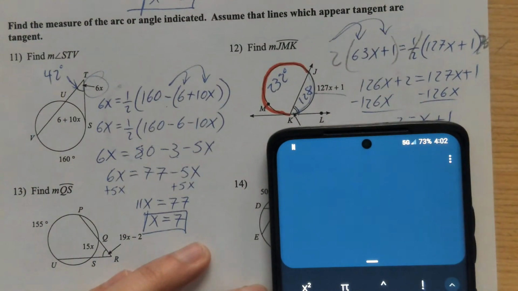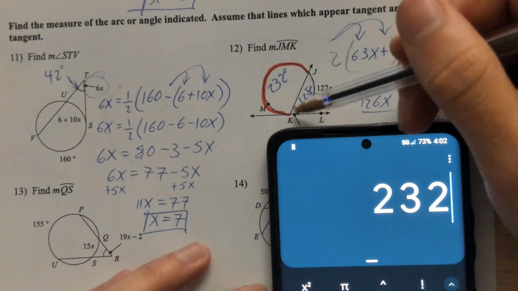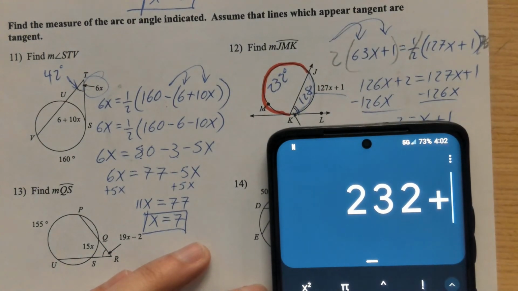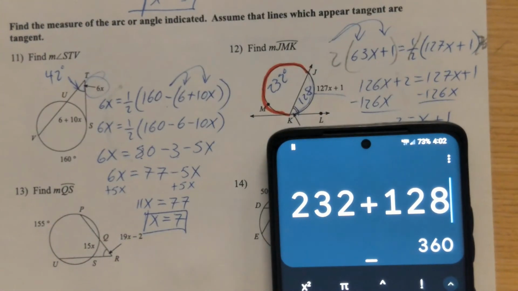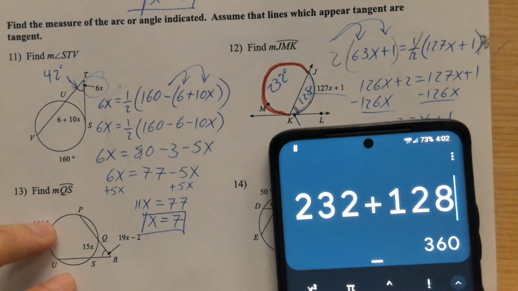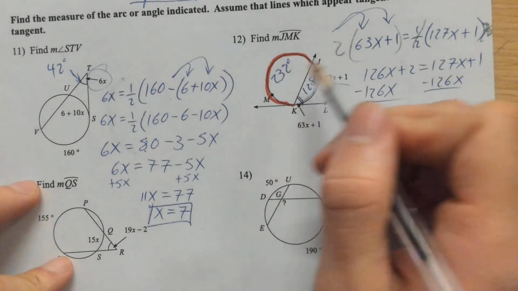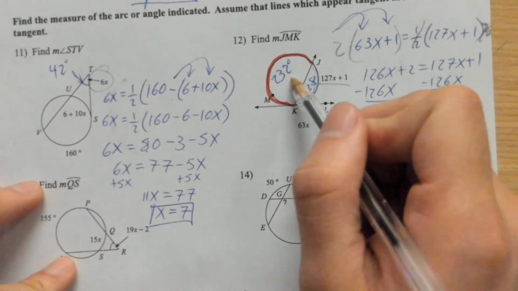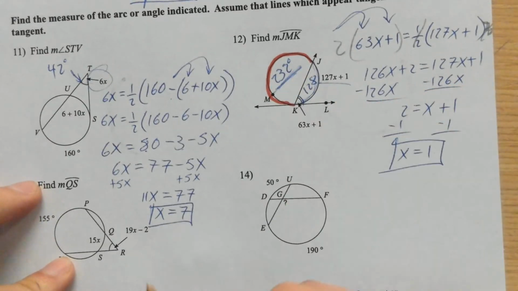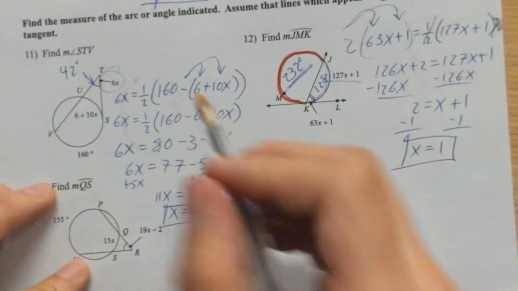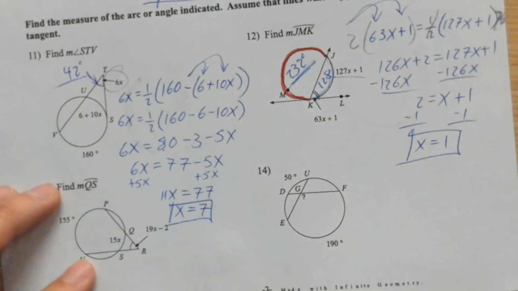Well, let's see. If 232 is this arc and this other arc is 128, well, both of them together must give me 360. And they do. So that's it. JMK is this one. That's your answer. And this is the answer for 11.